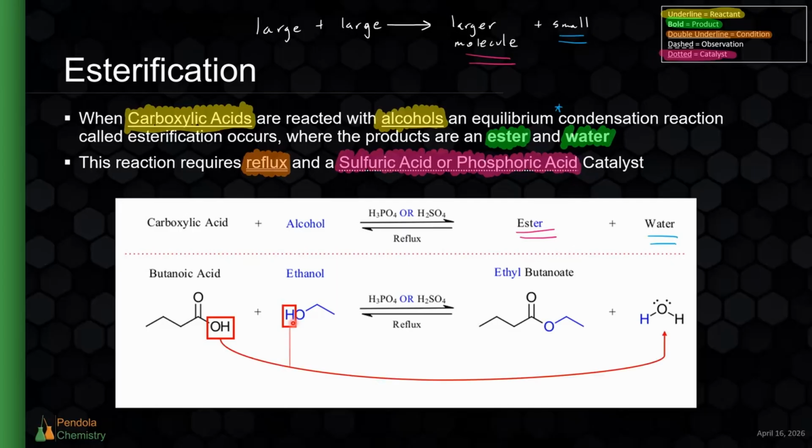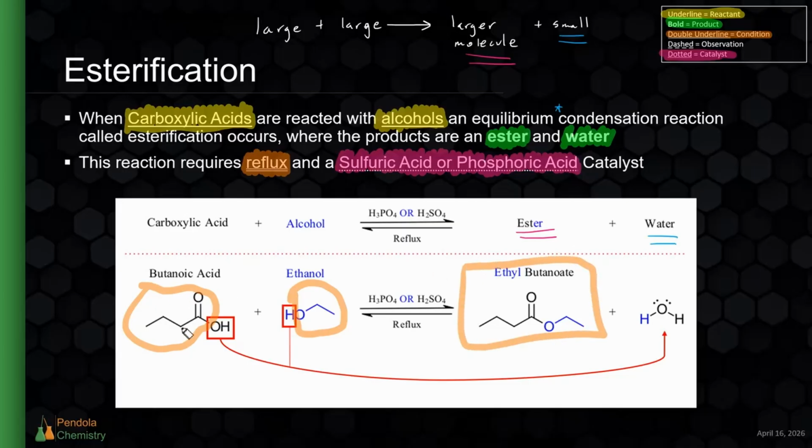So when that happens, the H and the OH will create water. That's where the water comes from. The H and the OH get removed and become water, where then the rest of the compound, the carbonyl group along with the carbon chain on the carboxylic acid, and the O along with the carbon chain on the alcohol, come joined together by the O, creating our ester.